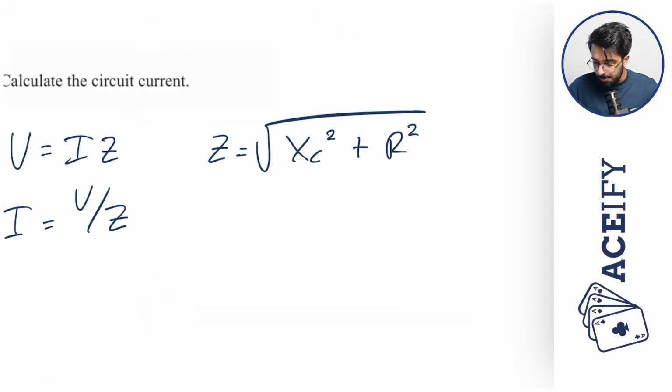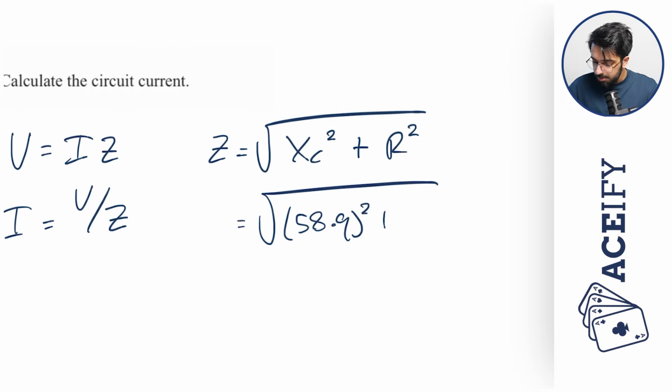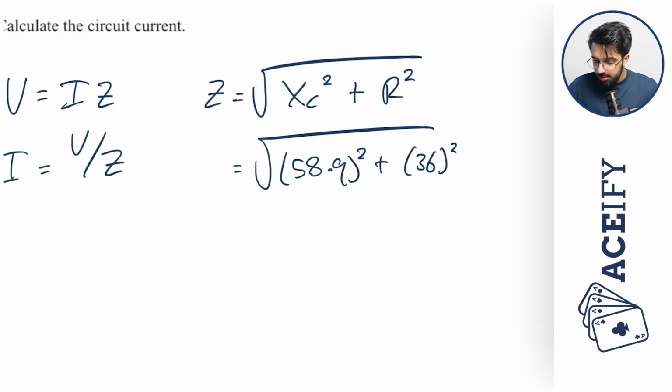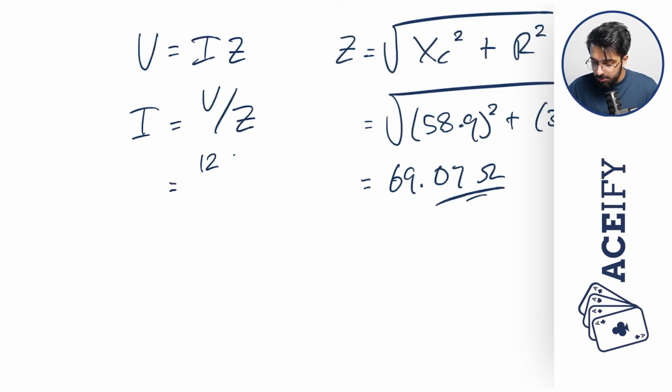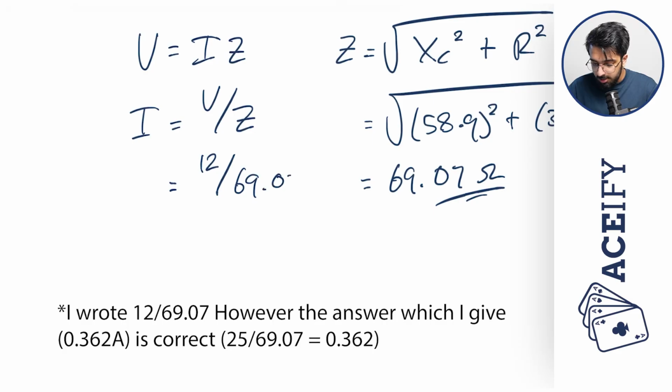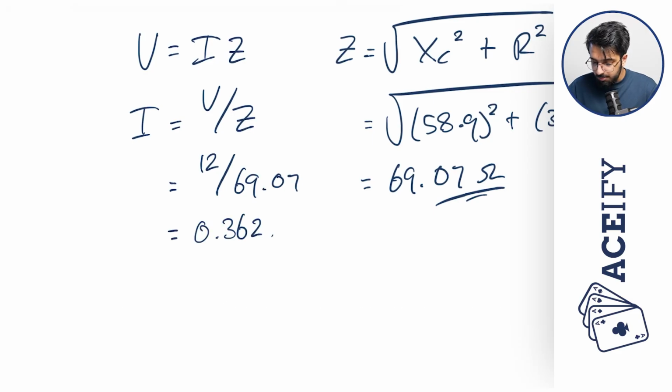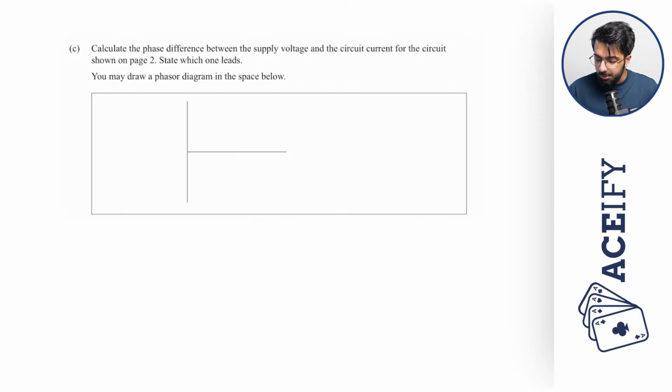And so we can simply plug in those numbers, 58.9 squared plus 36 squared, and that equals 69.07 ohms. Plugging this in, we get 25 all over 69.07, and this gives a current of 0.362 amps.